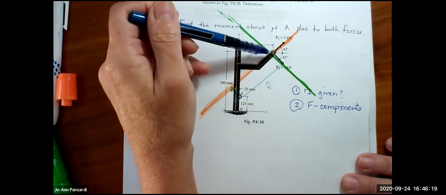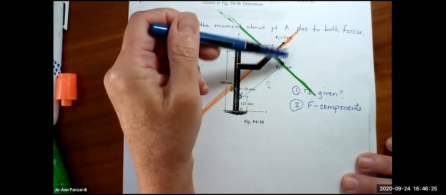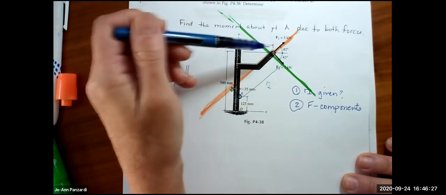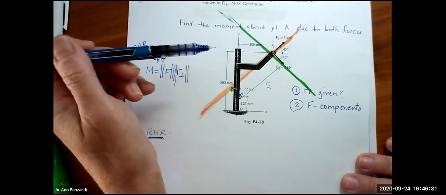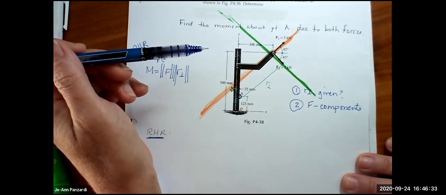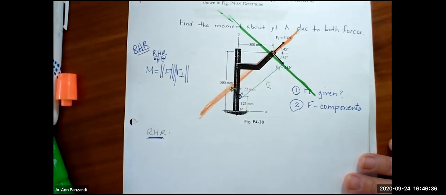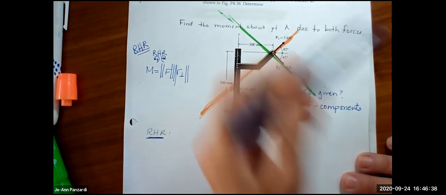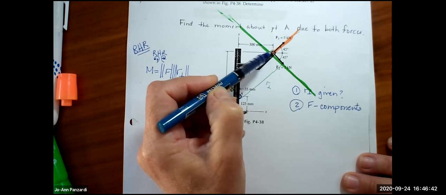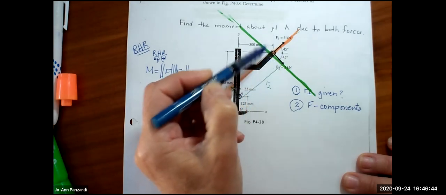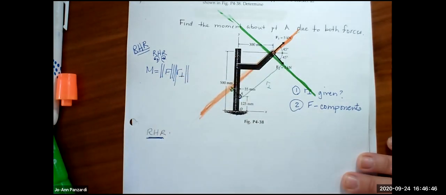Because both forces are coming off the same point, do you have an idea of what we could do to simplify these two forces so we only have to find the moment about one force? It's a tricky question. But right now, there are two forces at this point. Could I make it so there's only one force at this point? And what would I do?